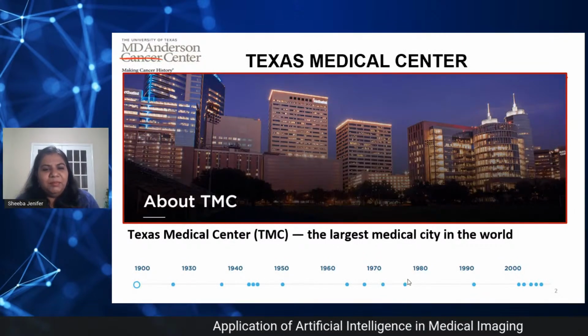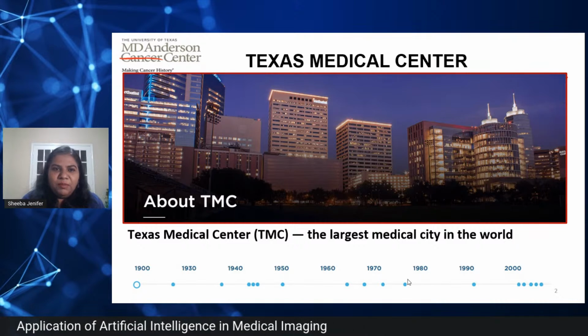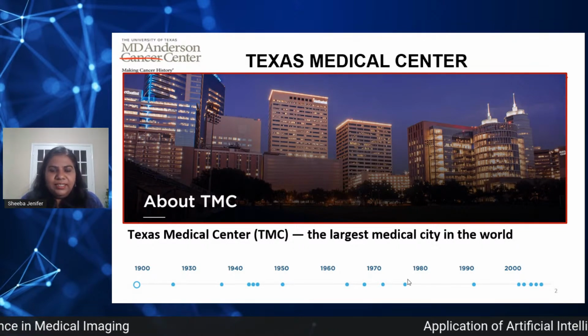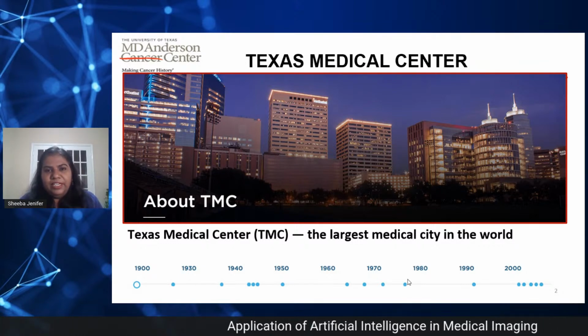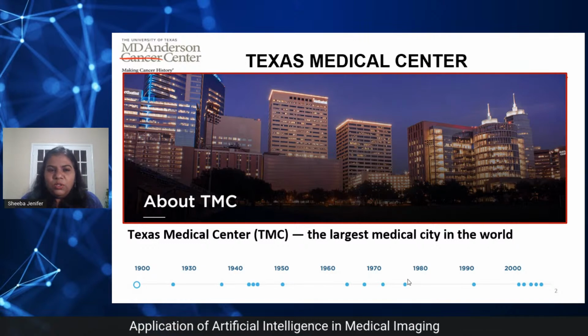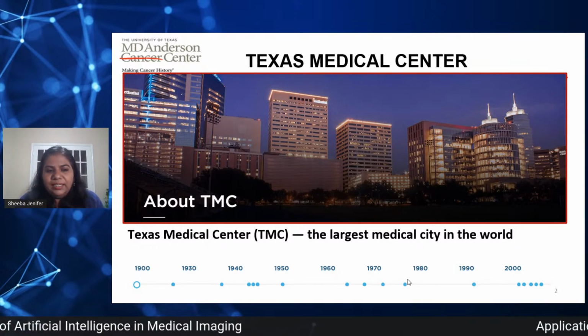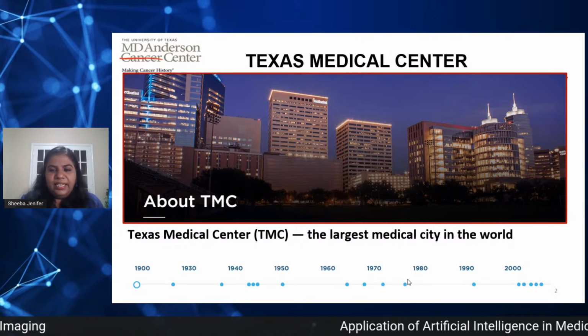To go in depth about the research projects, I want to briefly talk about the Texas Medical Center itself. Currently, we are in Texas, and Texas Medical Center is a very old and very established medical center. It was started in 1900, and it is the largest medical city in the world.